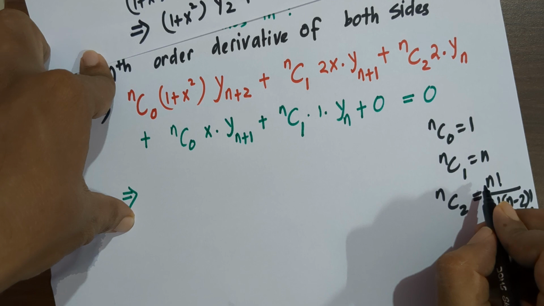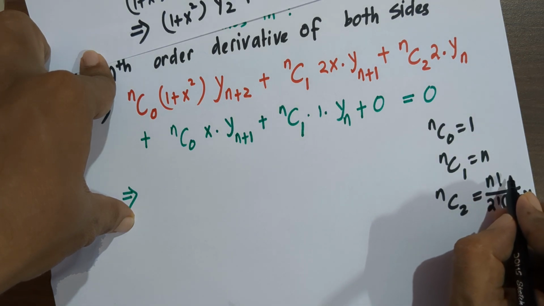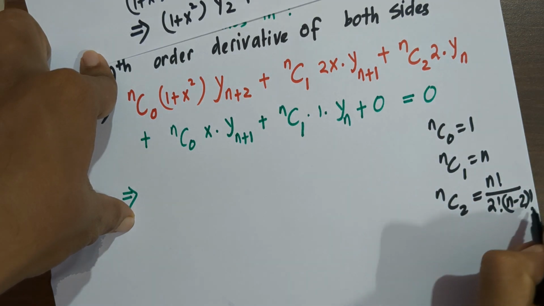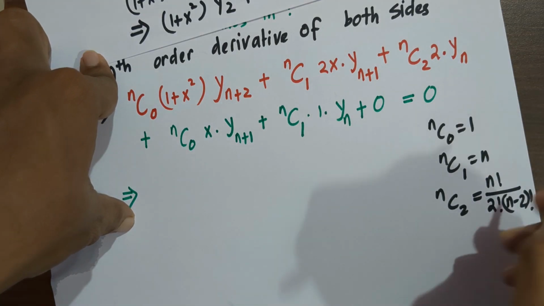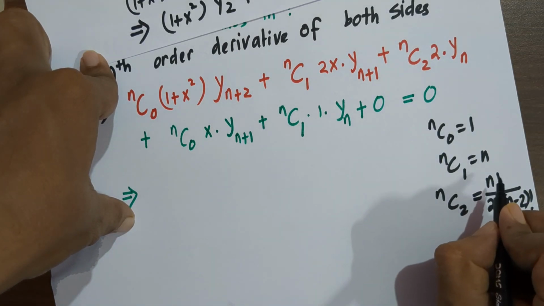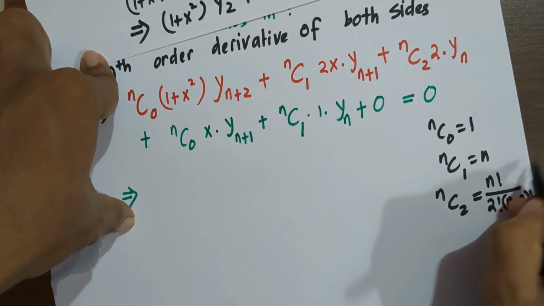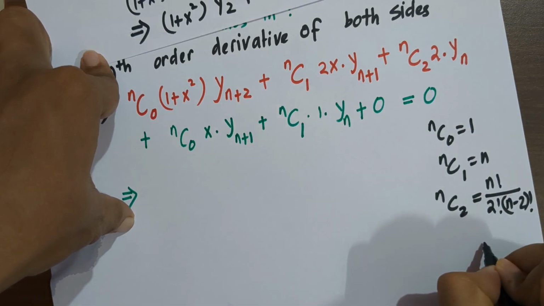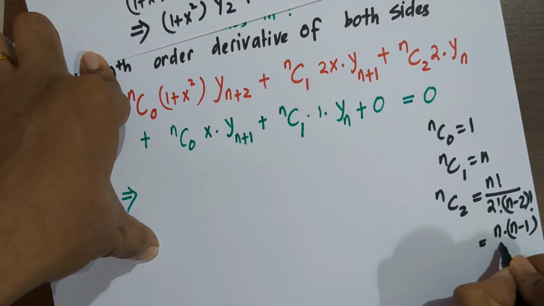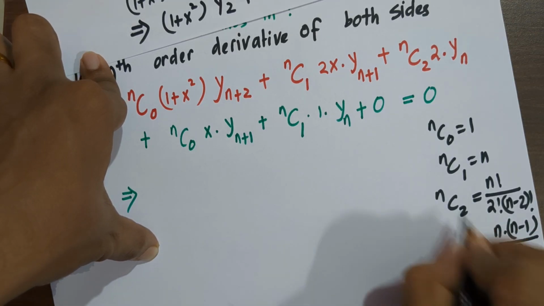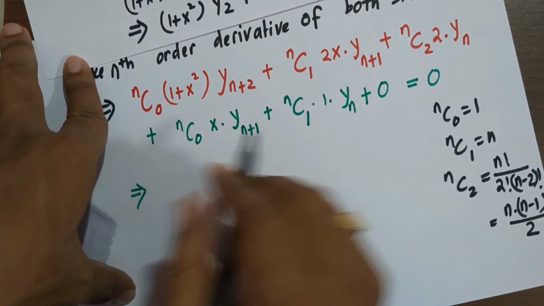In n factorial we have n times n minus 1 times n minus 2, and this goes up to 1. In (n minus 2) factorial we have n minus 2 times n minus 3, and it goes up to 1. So we can cancel (n minus 2) factorial from the top and bottom, and we are left with n times n minus 1, and 2 factorial is 2. So this is nC2.